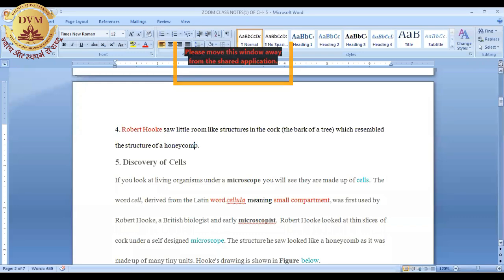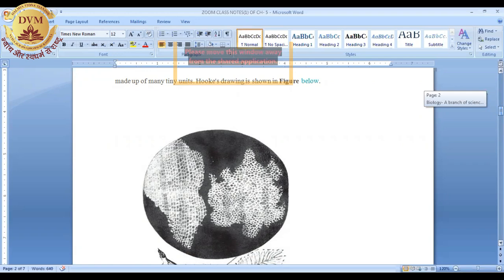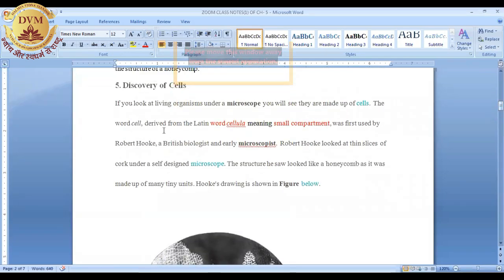So you can see in this diagram that if you look at a living organism under a microscope, you will see they are made up of cells. The word cell is derived from the Latin word cellula, which means small compartment or a little room.